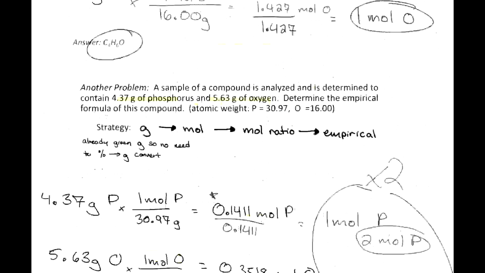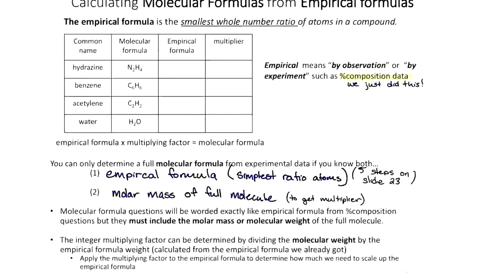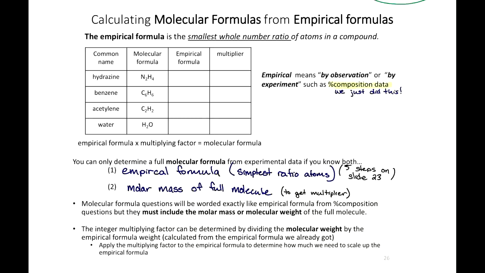Okay. So notice that we were always calculating empirical formulas. Like our classmate said, we could do this for an ionic compound and we would get the empirical formula. So like NaCl, that's the empirical formula. But there are compounds out there where the molecular formula is different from the empirical formula, all right?